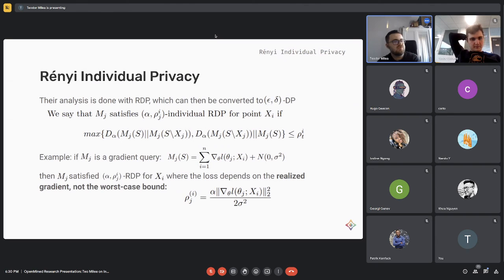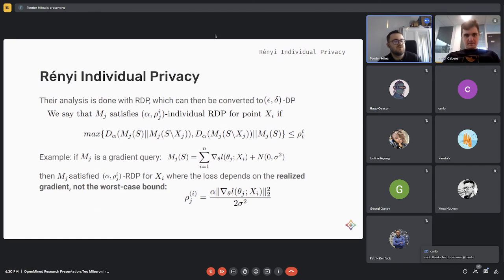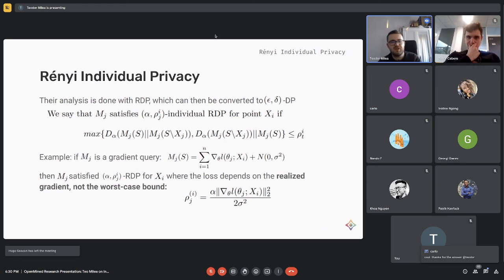Usually it's easier to say this algorithm is epsilon delta, and you specify the result. But here with the parameters, they actually use the gradient itself. So you have to keep them secret, but you can only bound the final results by your budget.